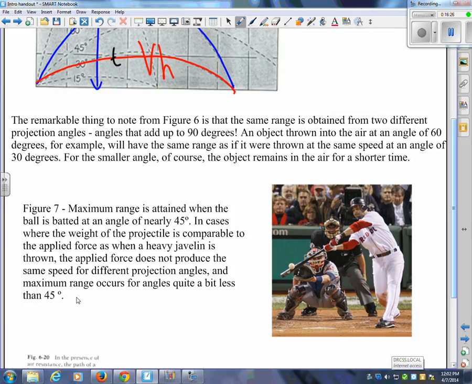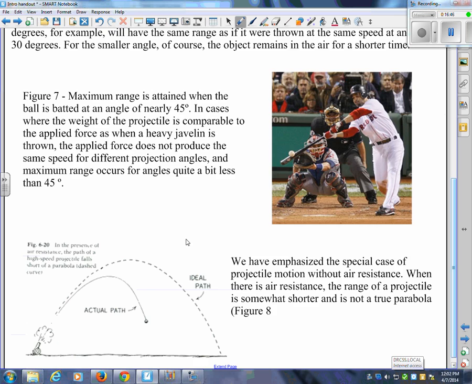So if it's something fairly heavy, you actually want less than 45 degrees. It's because the applied force does not produce the same speed based on their masses. So the 45 is sort of for an optimal object that you're launching.